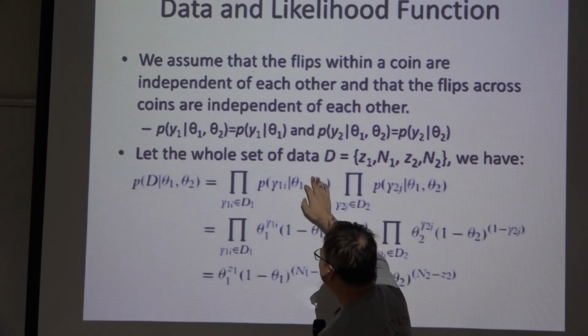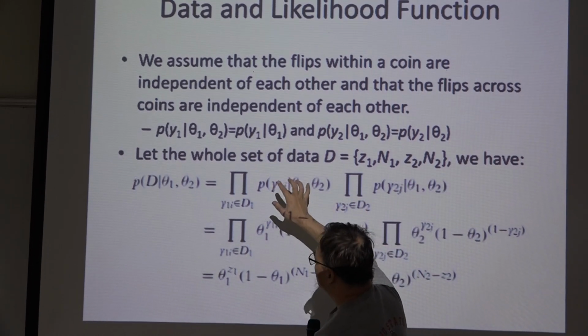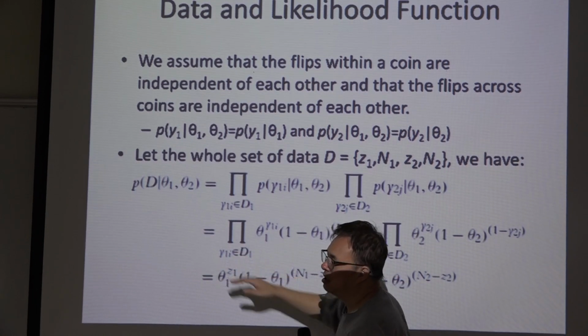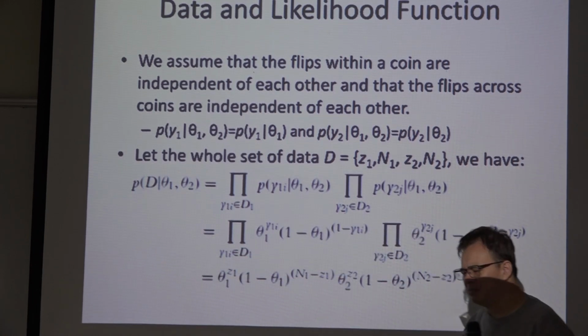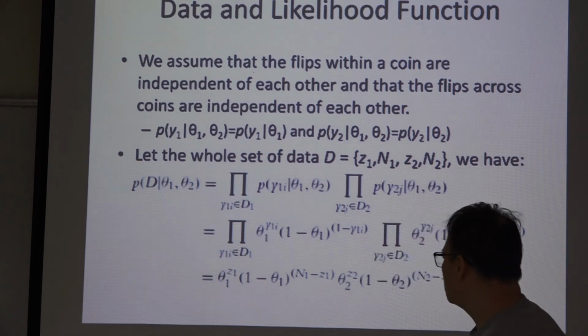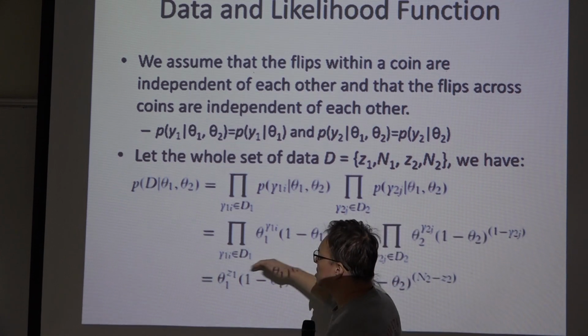After you drop theta 2 here and you drop theta 1 here, you can get this Bernoulli likelihood from the one coin scenario. Basically, it's just like this.